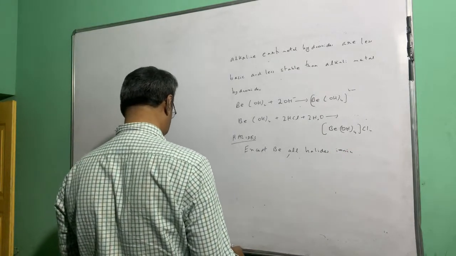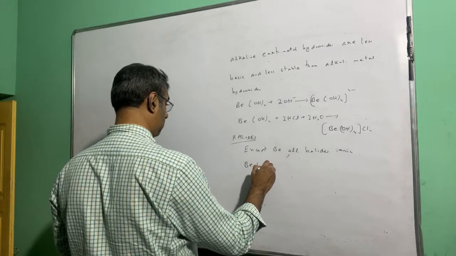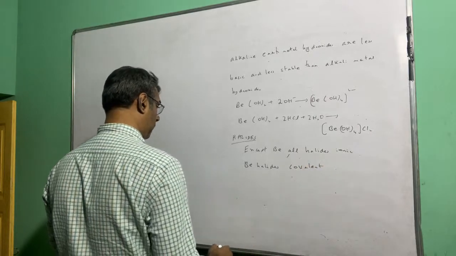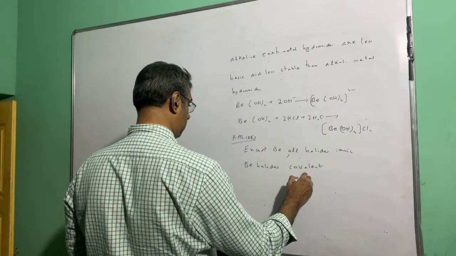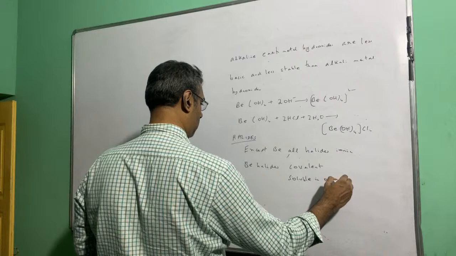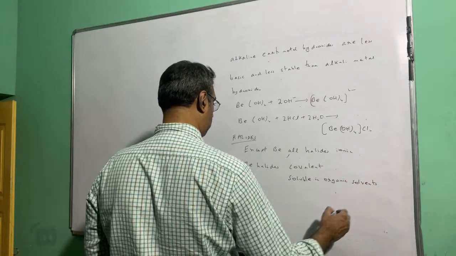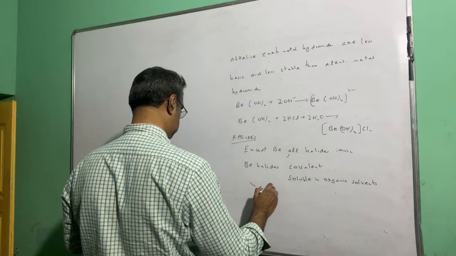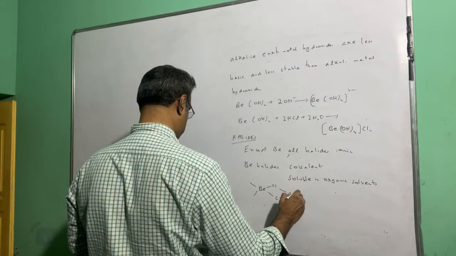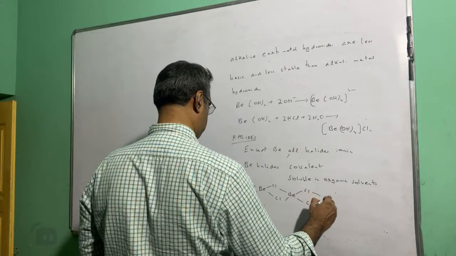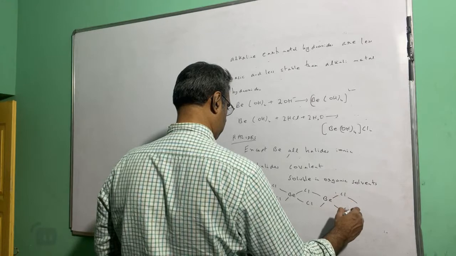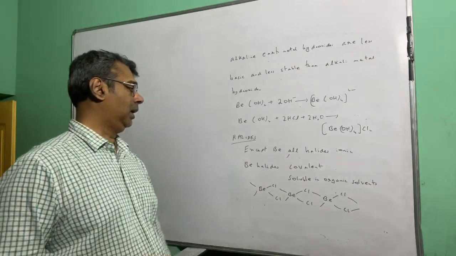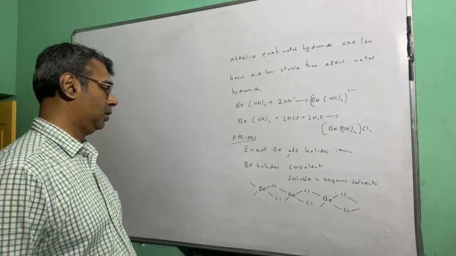Okay, except beryllium, all halides are ionic. Beryllium halides are covalent and soluble in organic solvents.